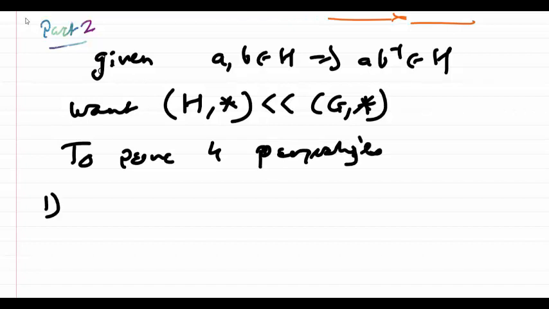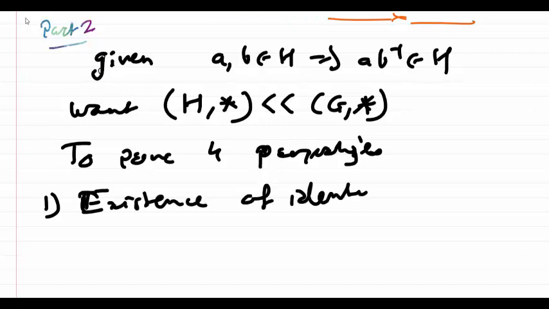First we start with existence of identity. Why? Because once we get identity, then we can discuss inverse. And it is also useful to prove the closure property.